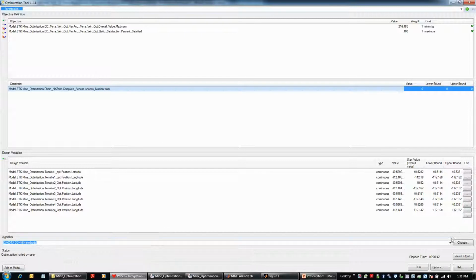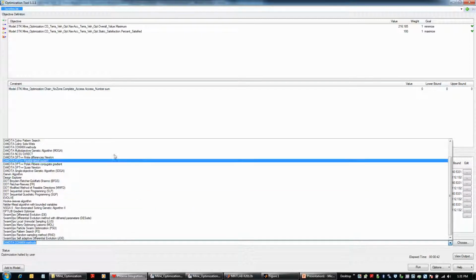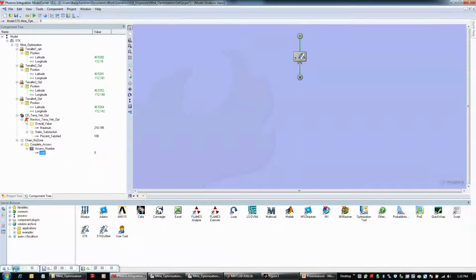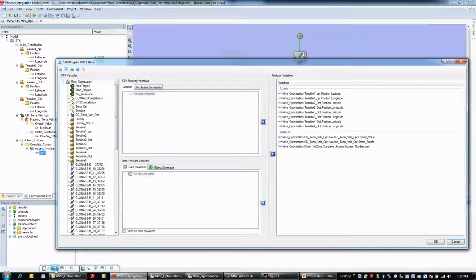And what I did, we have several algorithms available. I tried many of them. One of the good results I got was from Dakota, which is from Sandia Labs, the convent method. You can use any other algorithms you want. And the results I obtained after the run are given here.